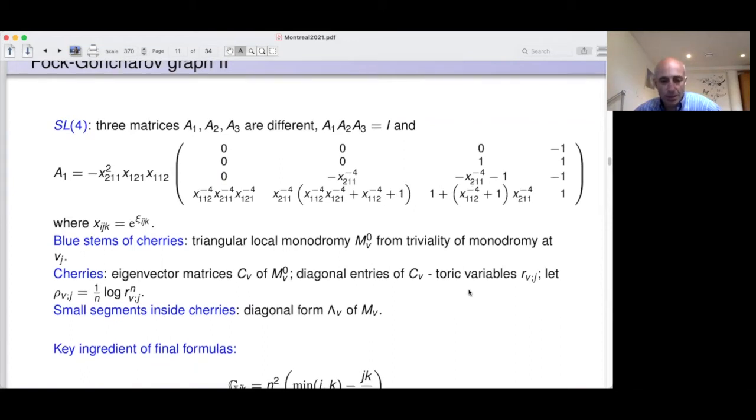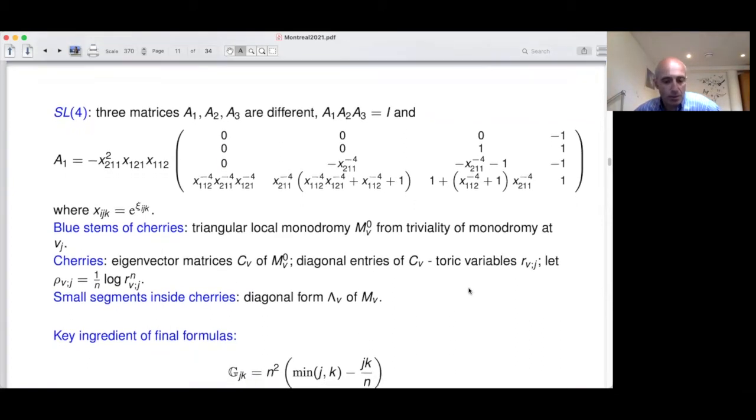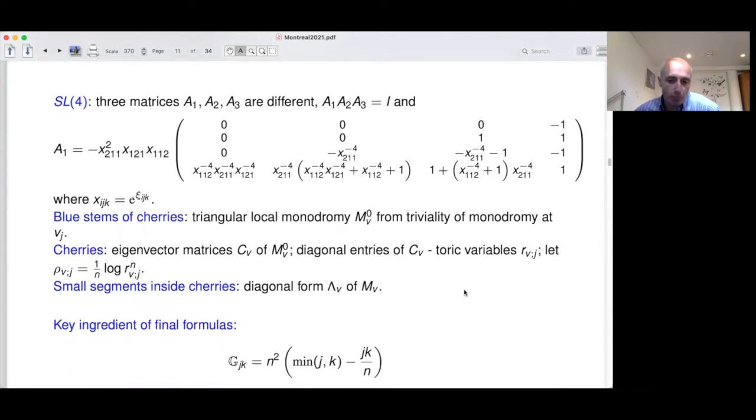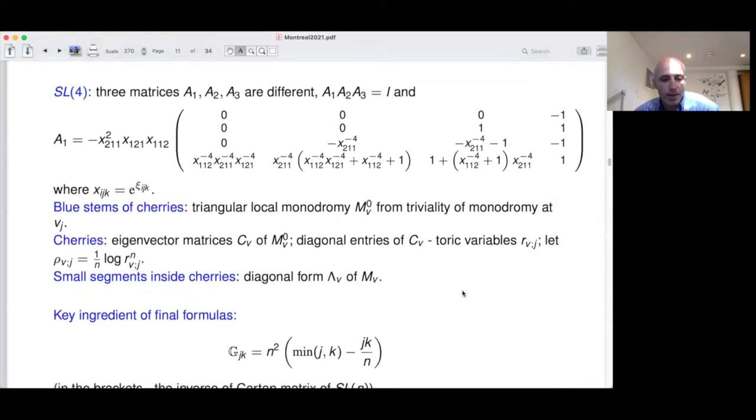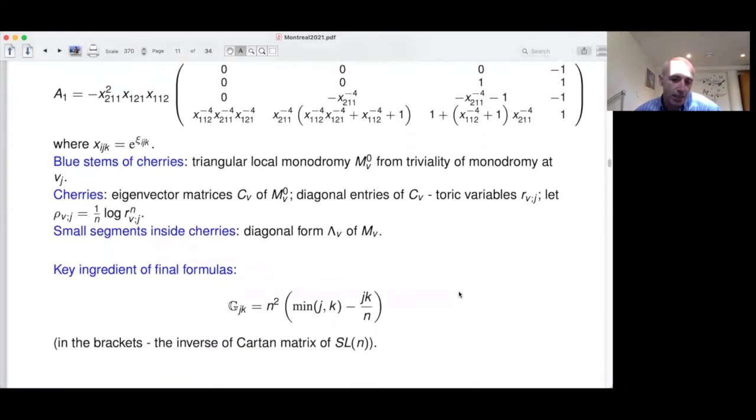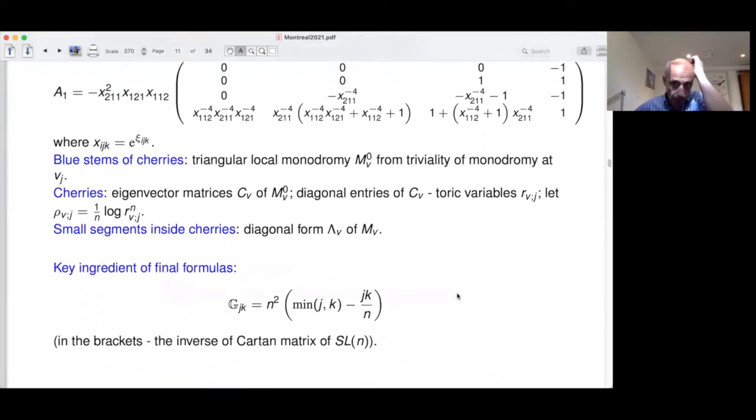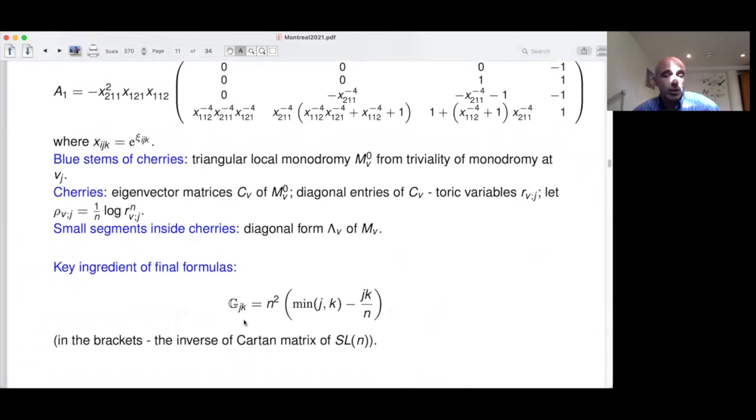There are some other details, and I'm not going to go through all of them. It's all in the archive, and it's pretty technical. What's important, the important ingredient of the final answer, is the inverse of the Cartan matrix of SLN, which looks like that, right?